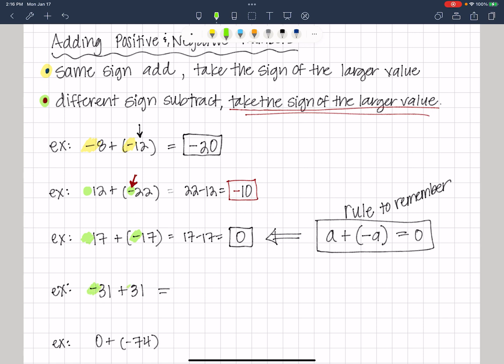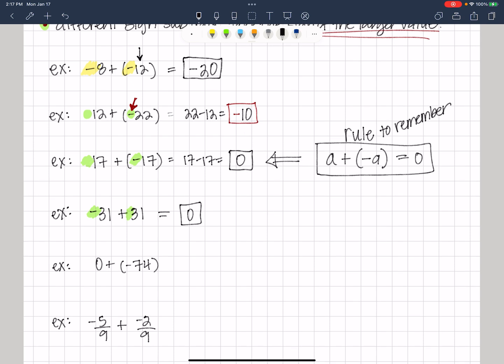That would be a different sign. Different sign, subtract. 31 minus 31 is 0. Or we could think of it as the rule: a number plus its opposite is always going to equal 0.